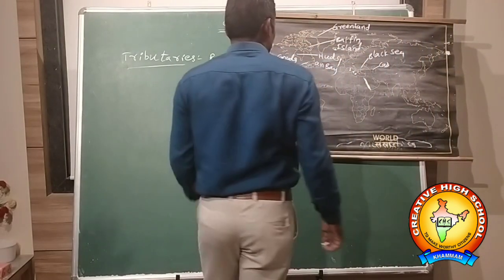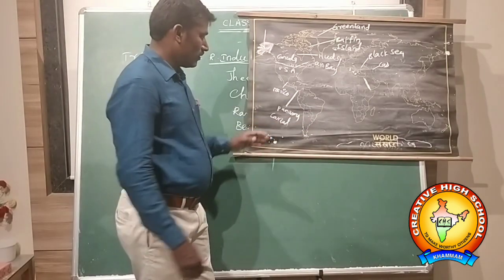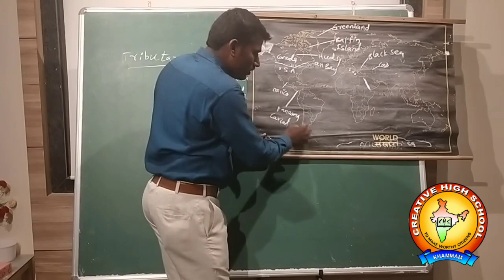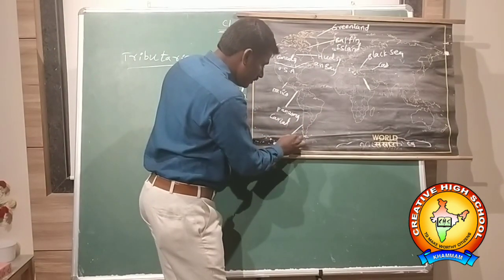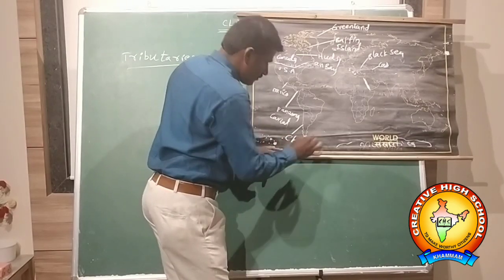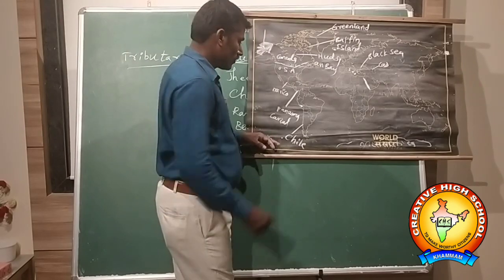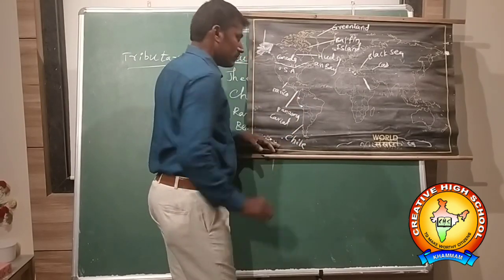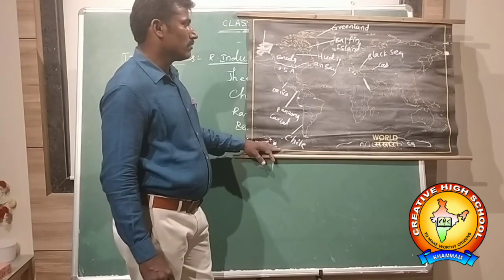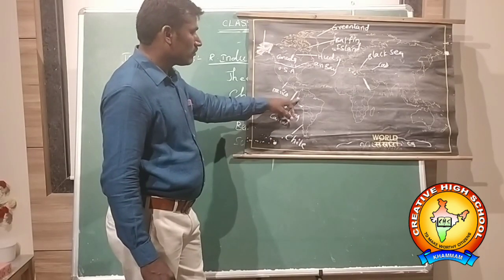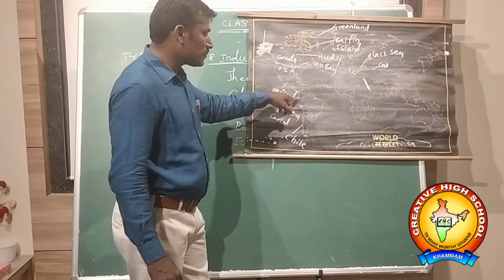Now let us see here. If we come to South America, the longest country in the world, Chile. What was that? Chile. Next one is Peru. This one. This is Ecuador. From this 0 degrees, the Equator is passing.